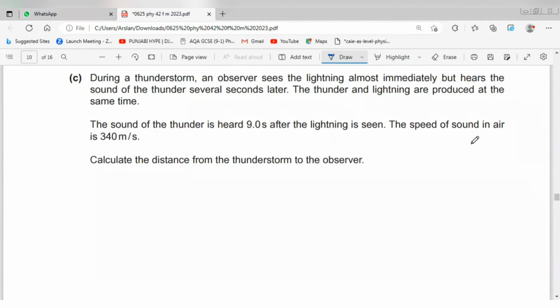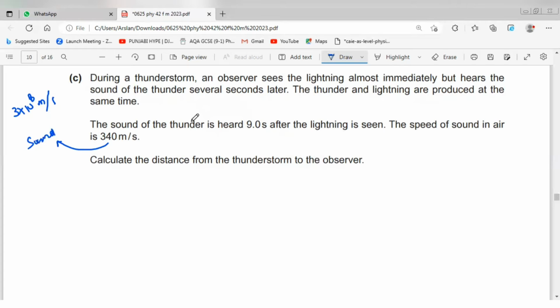Next is part C. In a thunderstorm, an observer sees a lightning almost immediately, but hears the sound of thunder several seconds later. The thunder and lightning are produced at the same time. The reason behind this is the speed of light. The speed of light is 3 × 10^8 meter per second, while the speed of sound is 340 meter per second.